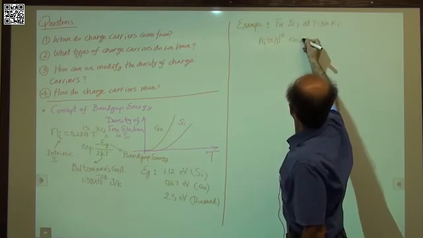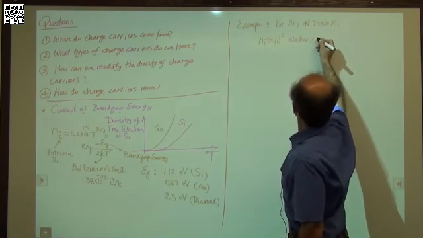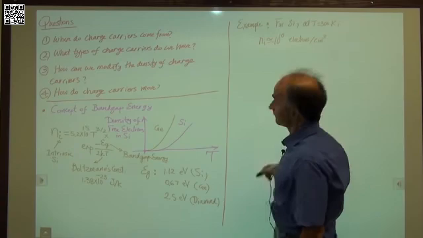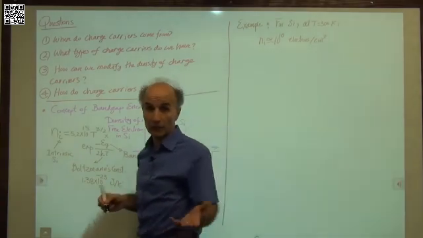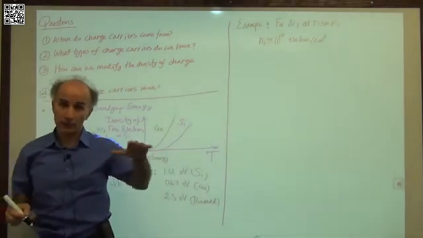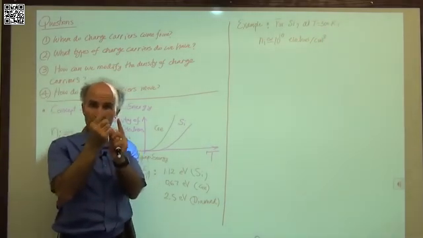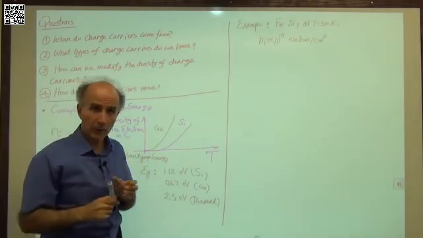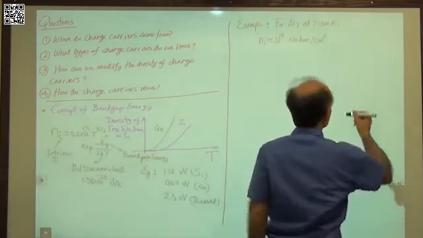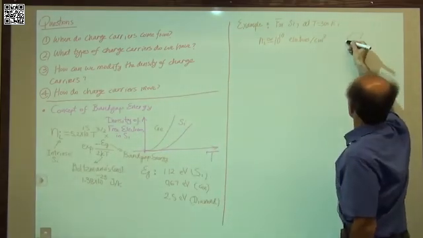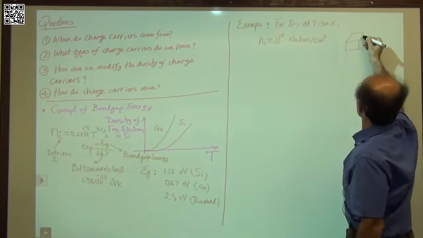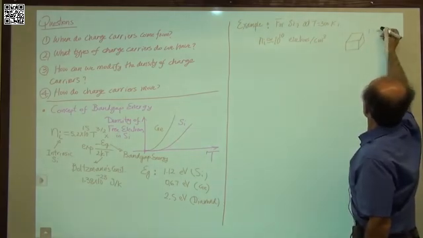electrons per cubic centimeter. These are the number of free electrons that we have at room temperature. So if we take a 1 centimeter by 1 centimeter by 1 centimeter piece of silicon crystal, as I showed you before, so this is 1 cubic centimeter.